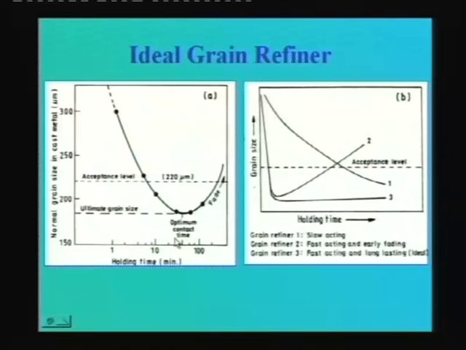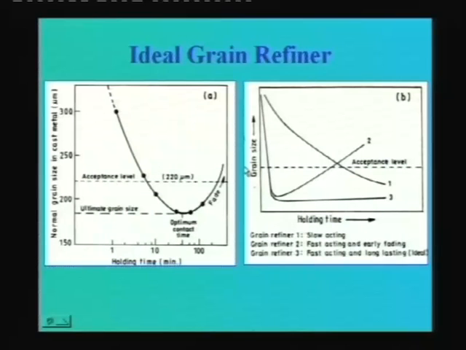So when you hold these particles inside the liquid, the particles start dissolving into the liquid, because Al3Ti is soluble in aluminum. After some time the particles dissolve to some extent, so their sizes decrease, and once they decrease to a certain size, they start acting as nucleating sites. So as a result, there is a certain optimum contact time.